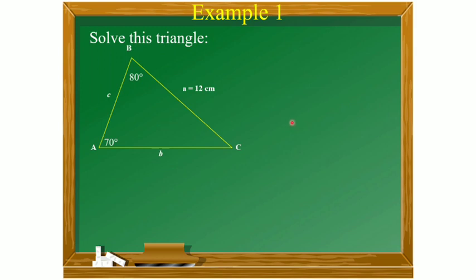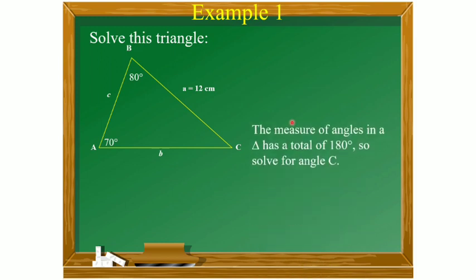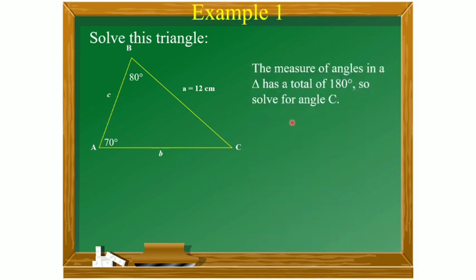Since the two angles are given, we can now solve for the third by using this one. The measure of angles in a triangle has a total of 180 degrees. So solve for angle C. Just add angle A to angle B, and then we will get the total of 150 degrees.